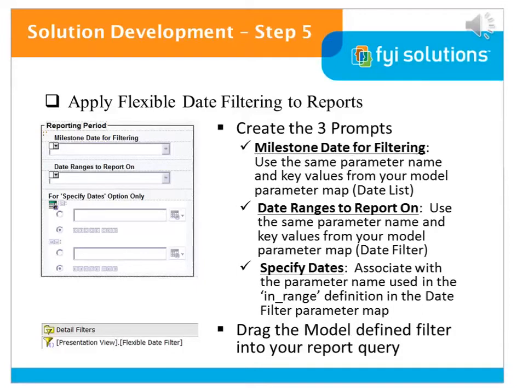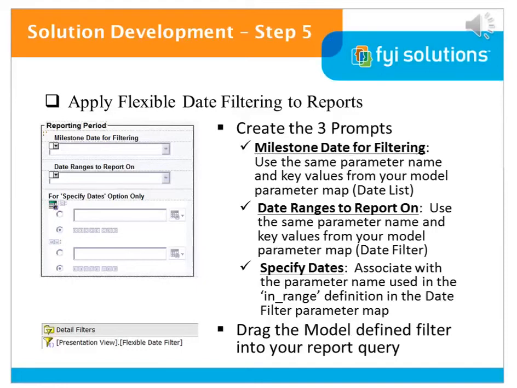The second prompt, date ranges to report on, is what's going to drive the date filter parameter map. So the same key values in the date filter parameter map are what are in the options here for selection. So the combination of these 2 will actually build our filter.